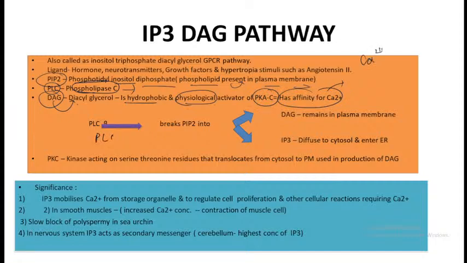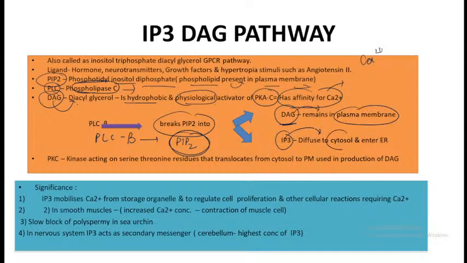What will happen? You will be having PLC beta. This PLC beta would be breaking down the PIP2 into what? Into the DAG and IP3. So this DAG would be remaining in the plasma membrane, and IP3 would diffuse to the cytosol and enter into the endoplasmic reticulum, majorly the smooth endoplasmic reticulum, where the calcium would come out, and finally the work gets completed.